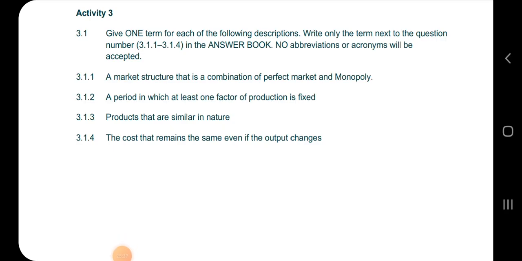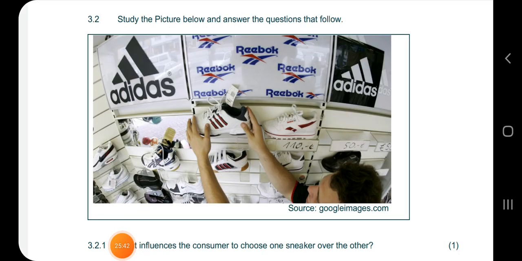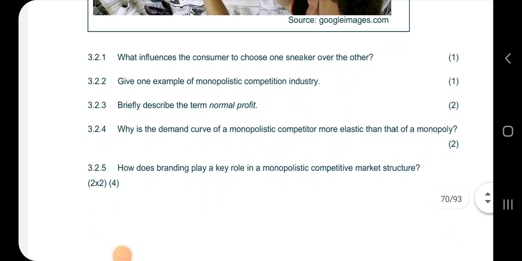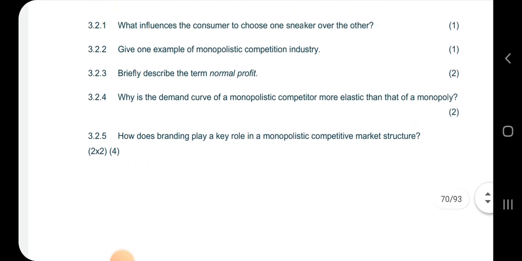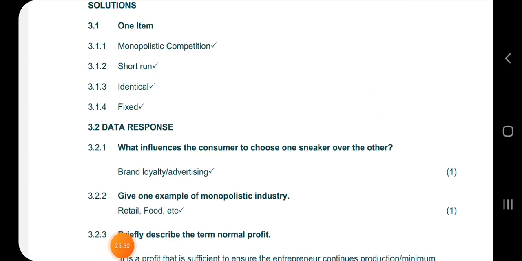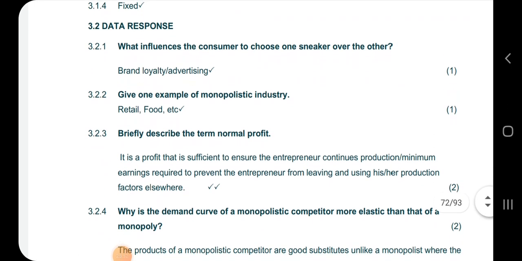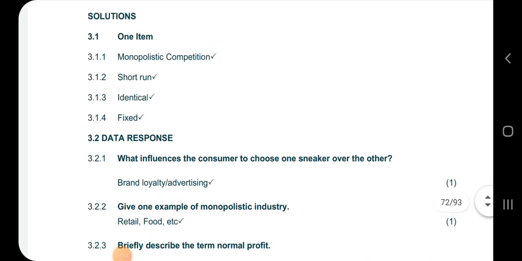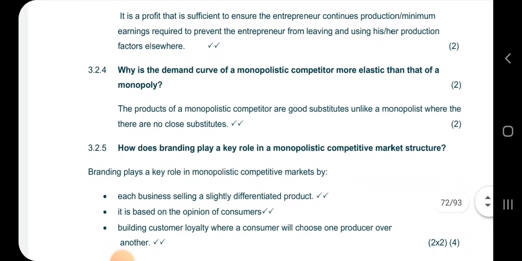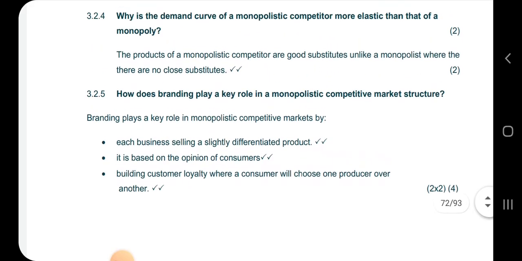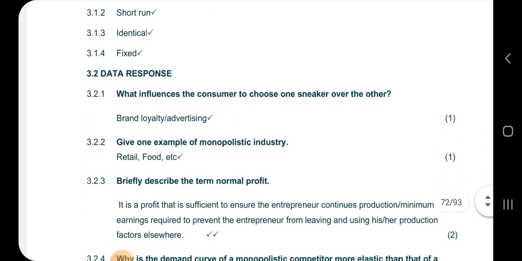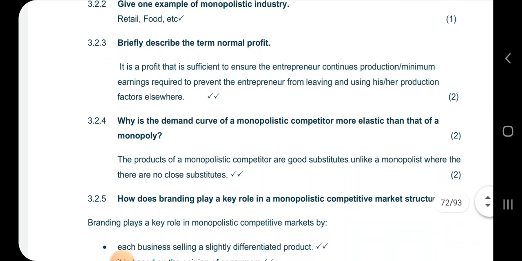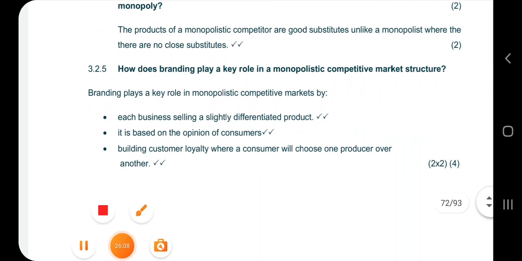Pause the video, do this, and mark yourself. And then here again, this is the activity. There's the solution. Thank you if you got it right.